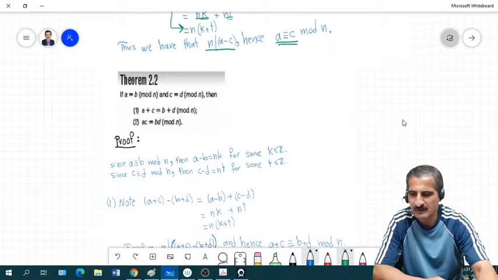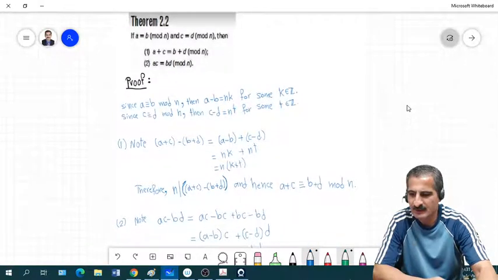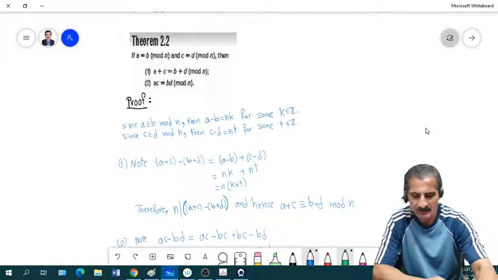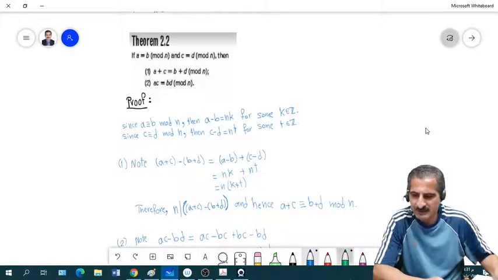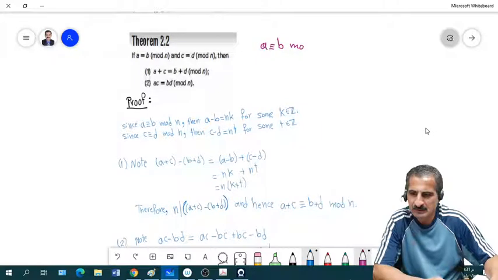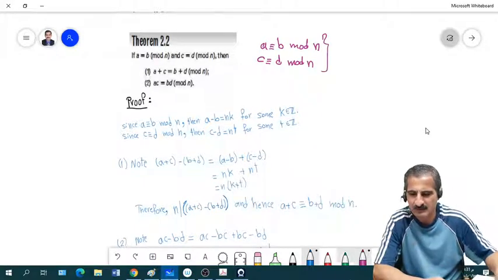Okay, let us see another theorem. Let me rewrite this theorem. It says if we have a congruent to b modulo n and c congruent to d modulo n, then what we have here, like let me write it here.